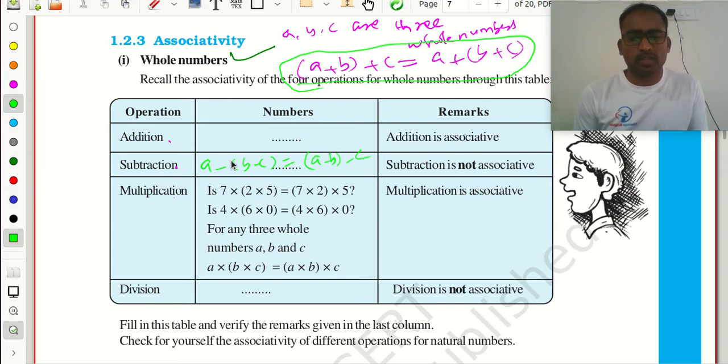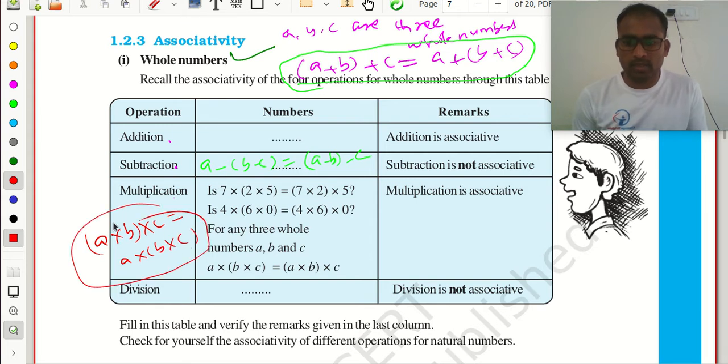You just change the bracket, which means you do the operation in the first bracket itself according to BODMAS, and after that with the remaining. Clear? The same for multiplication: a multiplied by b multiplied by c.